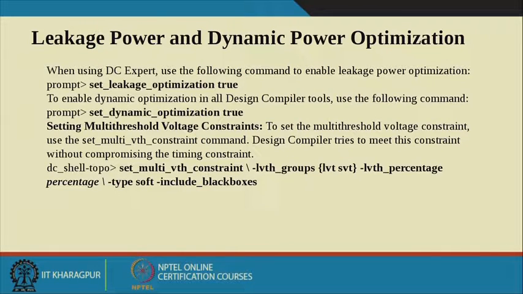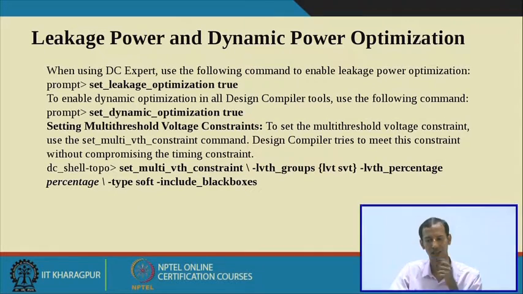In terms of power, whenever we are trying to achieve the specification, I have to set set_leakage_optimization to true. By default, if you are not mentioning it, it will not optimize in terms of leakage power.